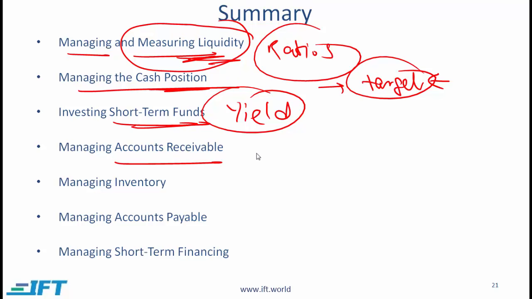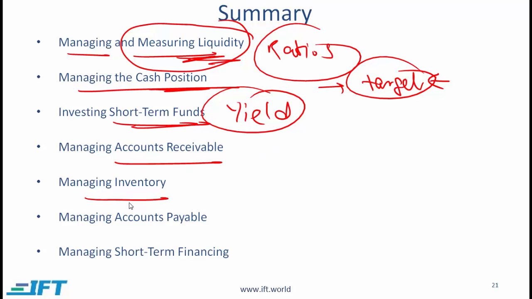Here the testable element is the use of ratios. We need to know how to calculate the receivables turnover ratio, the days of receivables, and recognize that our basic days of receivables measure does not take into account the age of receivables. We talked about a slightly more elaborate calculation which computes the average days outstanding and uses the aging schedule.